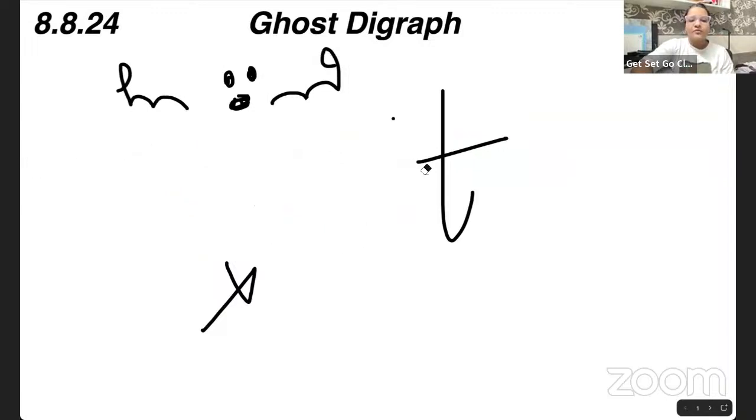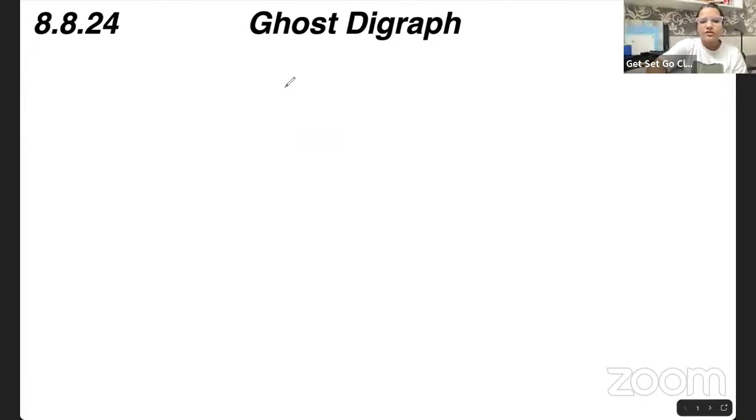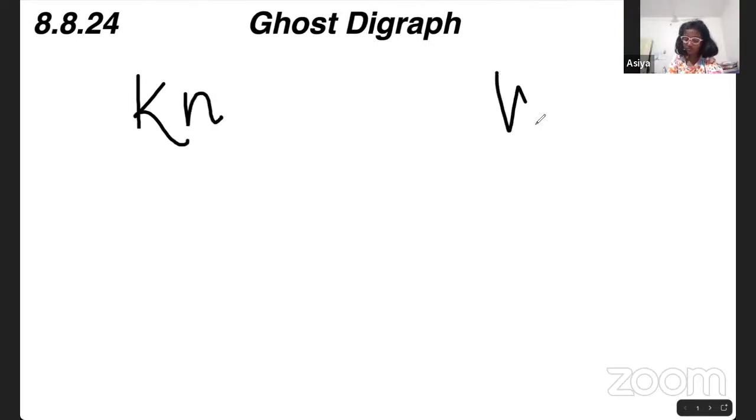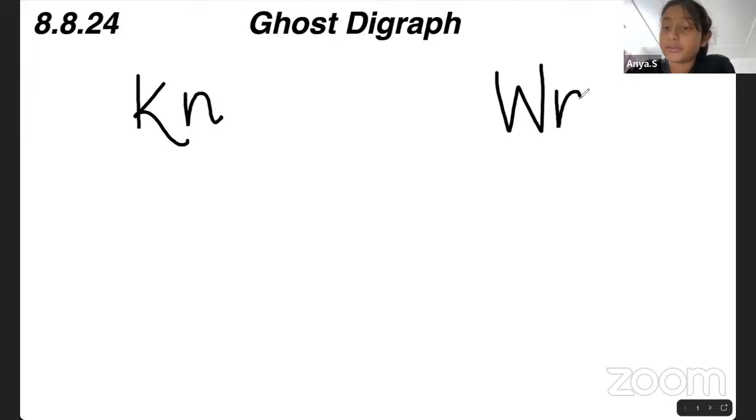So I'm erasing this and let's first, you can make two columns or you can just simply write down KN over here and WR on the right side of your page. Ma'am, we need to write those. Yes, now we are writing KN and WR.